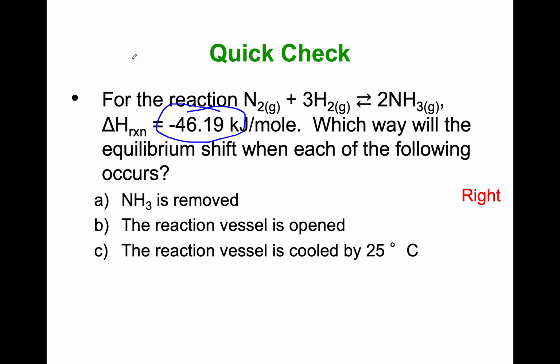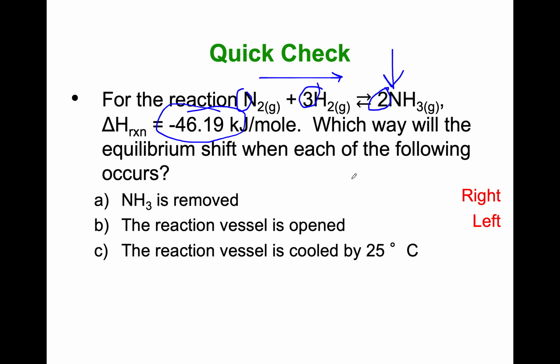And what we see here, ammonia: if you take away ammonia, so you remove it, you've got to fill up that void, so the reaction shifts to the right. If the reaction vessel is open, that's volume, so we've got to think about the number of moles of gas. In this case we've got more moles of gas on the left, so that's shifting to the left.